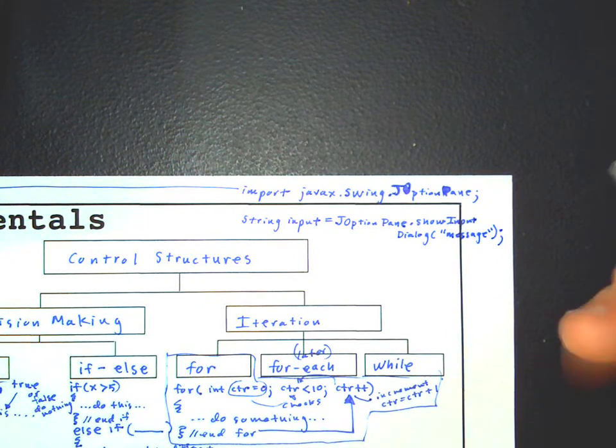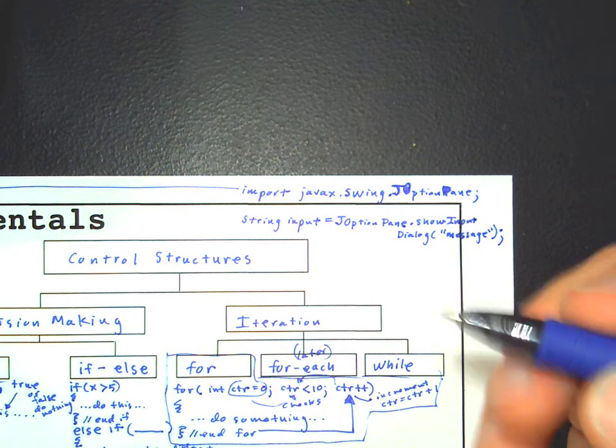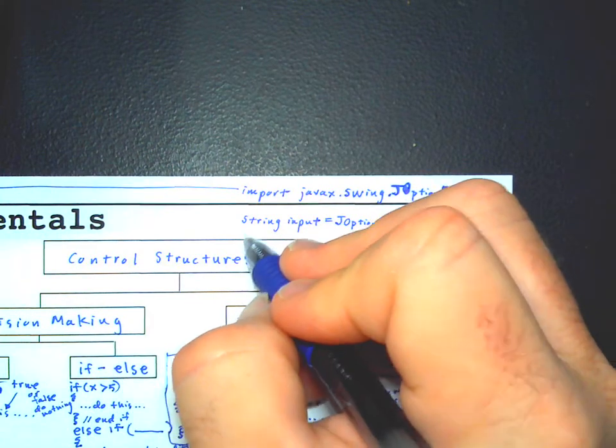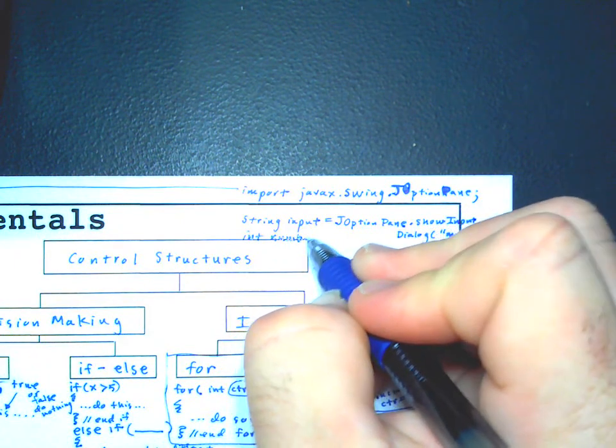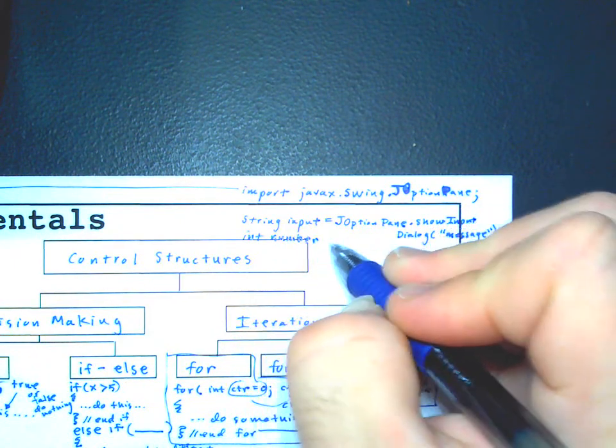So that gets the value as a string, and then you want to change it to a number. So then you could say int number or whatever variable makes sense.